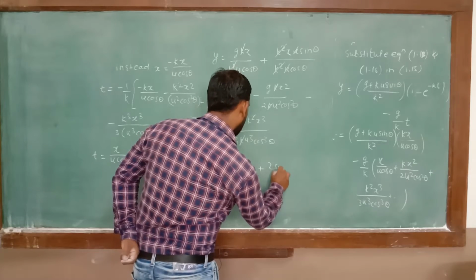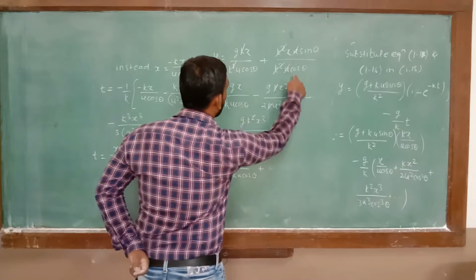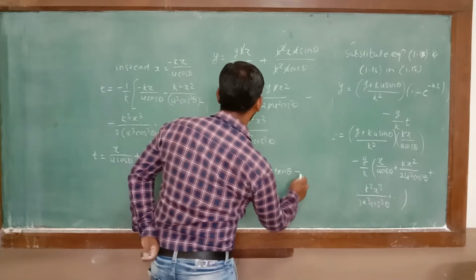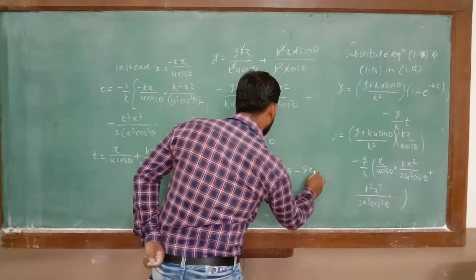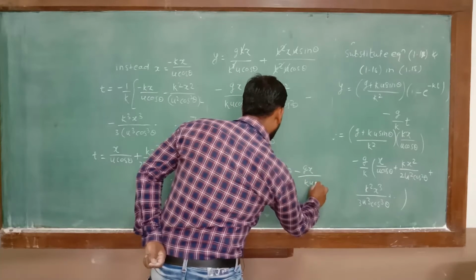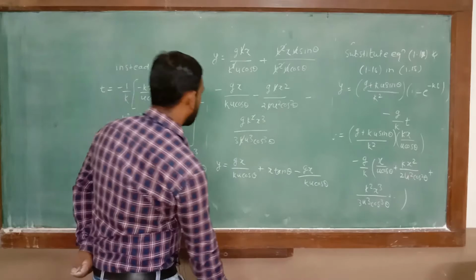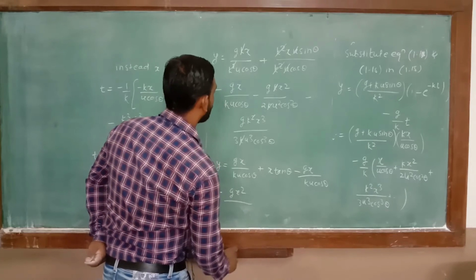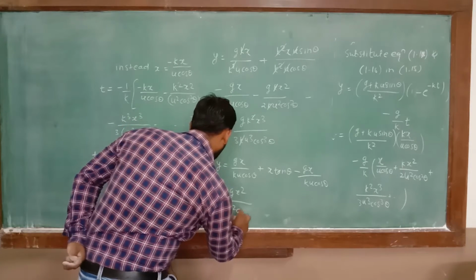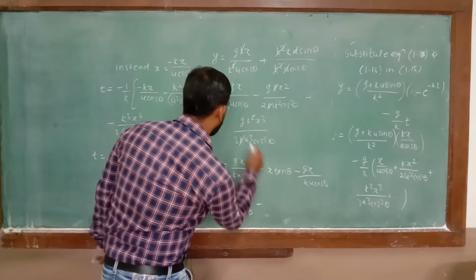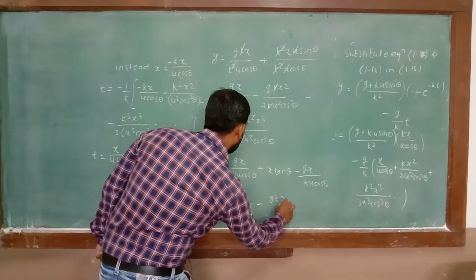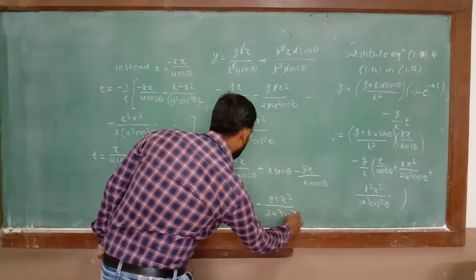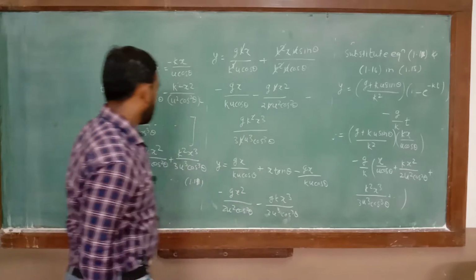So instead of x sin theta upon cos theta, we just write x tan theta, minus gx upon ku cos theta as it is, minus gx square upon 2u square cos square theta, and minus the last term gk x cube upon 3u cube cos cube theta. So this is the complete expansion.